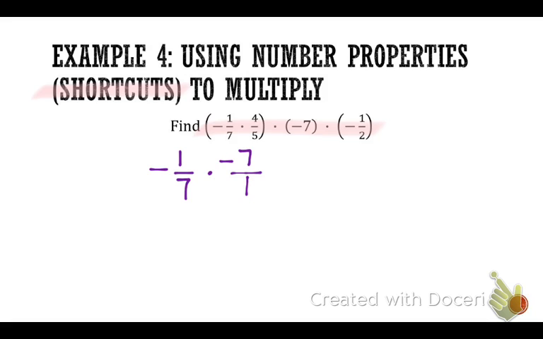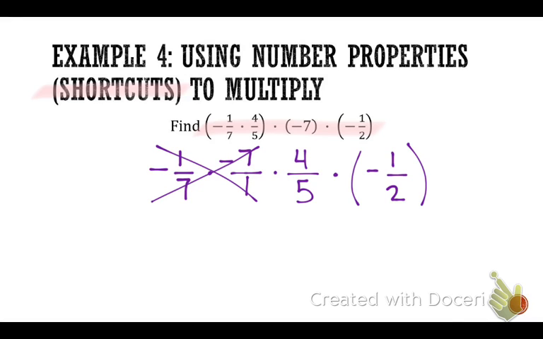How can I write a whole number as a fraction? -7/1. Okay, we know what's going to happen, but don't do it yet. Let's write the rest of it. Times 4/5. Oops, I don't know why I wrote a 2. Okay, times 4/5 times -1/2. All right, now we can cross reduce, right? 1 and the -7, and when I multiply, but remember that doesn't cross down to 0. This is important.